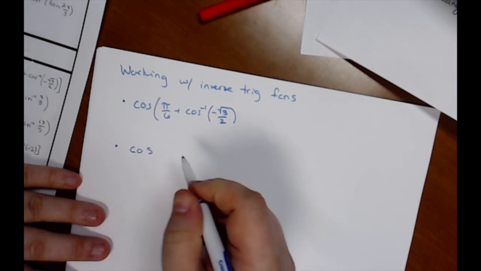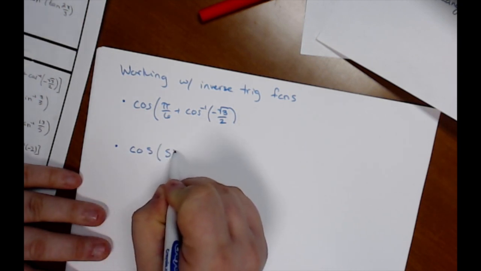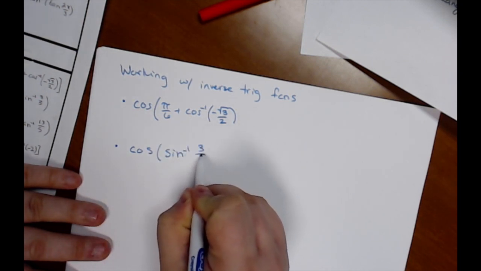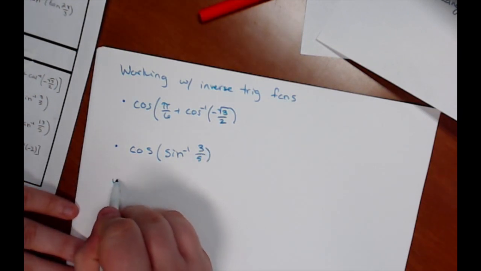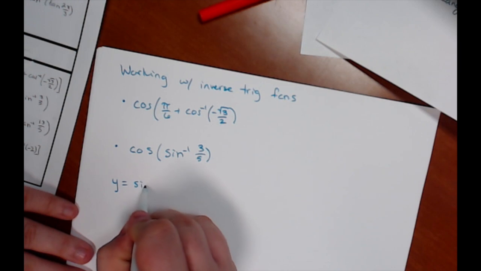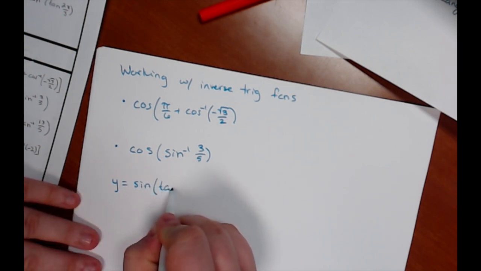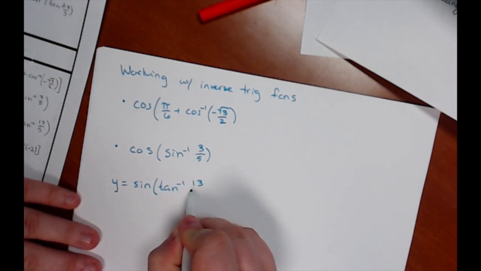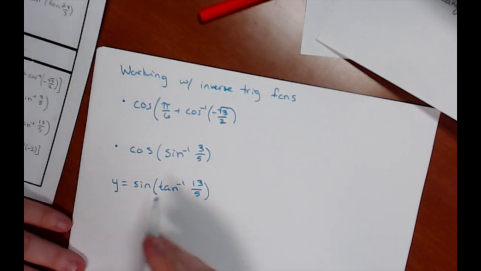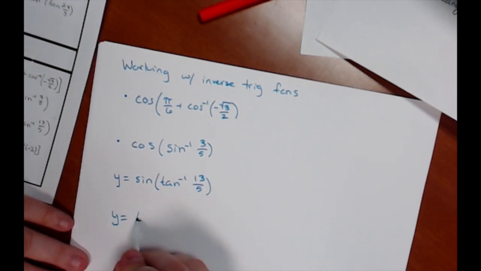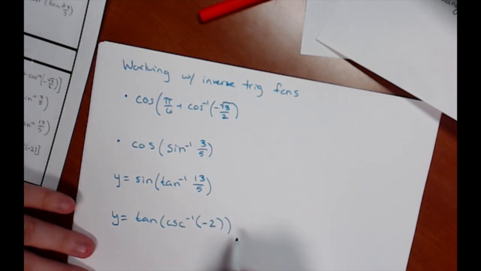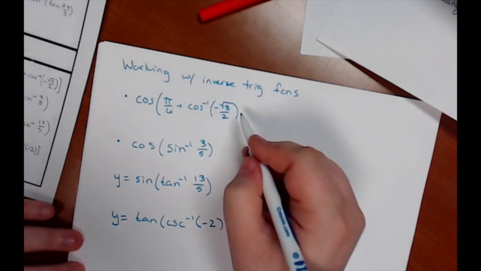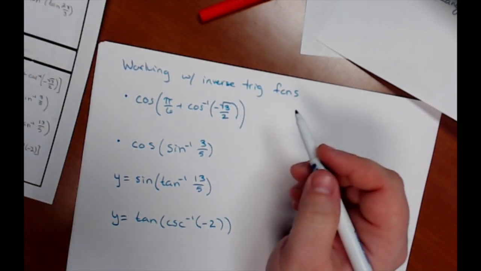Cosine of sine inverse of 3 over 5. Y equals sine of arc tangent of 13 over 5. And y equals tangent of cosecant inverse of negative 2. I want you to look at those and think for just a moment, and then we'll pick up.